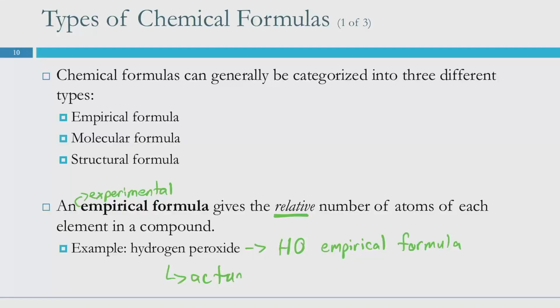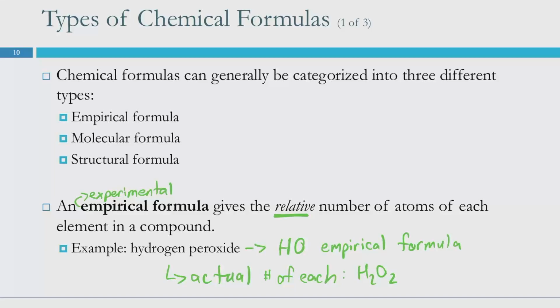The actual number of each, the true formula for hydrogen peroxide, is H2O2. But we can divide both of these subscripts by 2 to get HO for our empirical formula. So this is the simplest subscript version of our chemical formula.